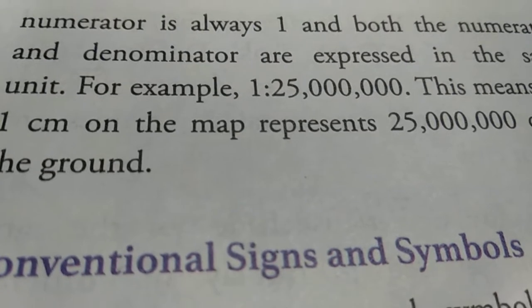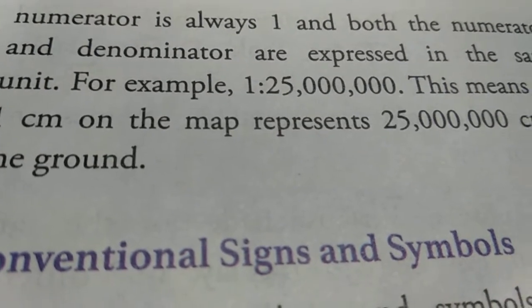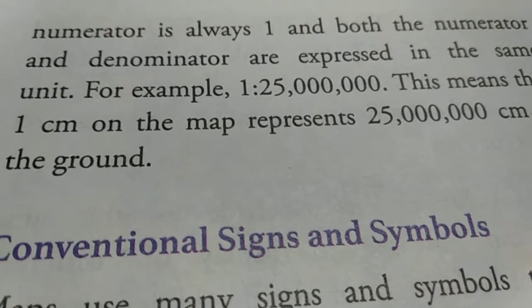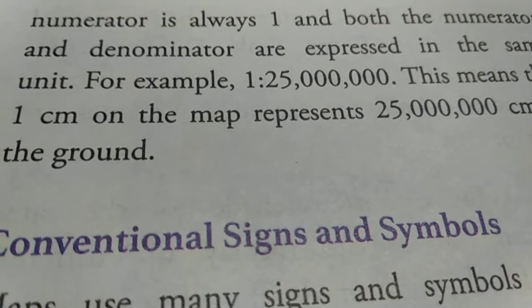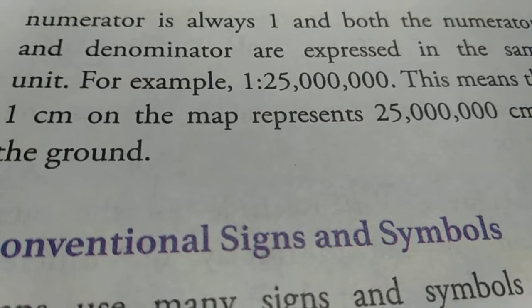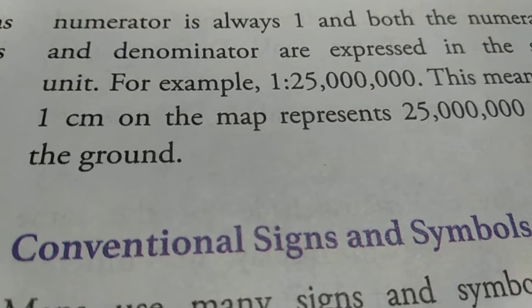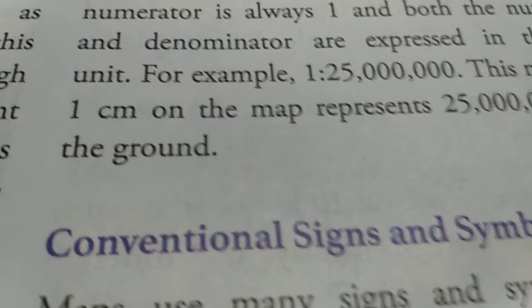For example, 1 is to 25. You can see centimeter. That is not 25 centimeters. That is 2,050,000 centimeters. As it is centimeter, it is shown in this way.